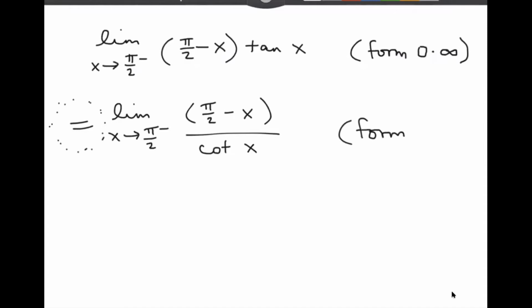Pi over 2 minus x is approaching 0, and the cotangent of pi over 2 is 0. So now this is in the form where I can use L'Hopital's rule. So let's use it.